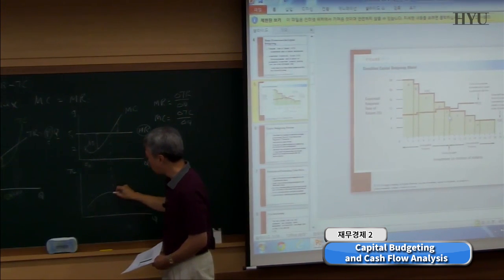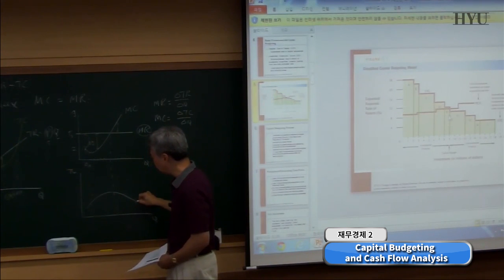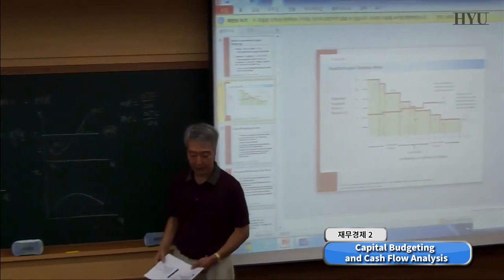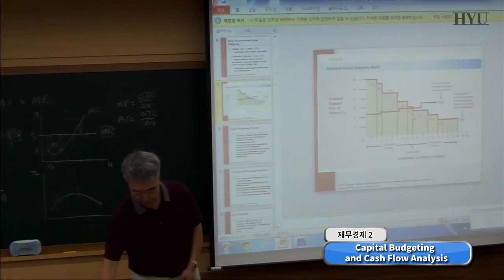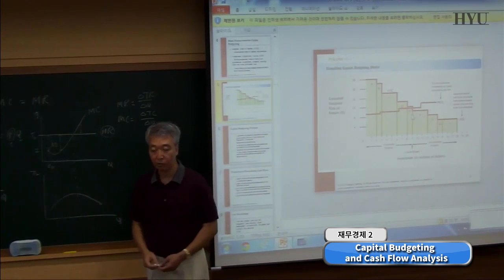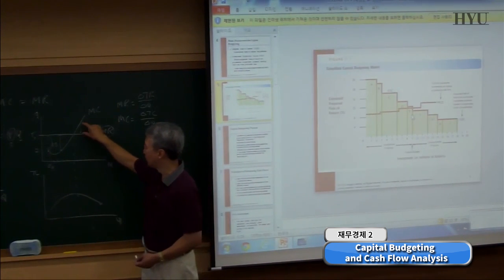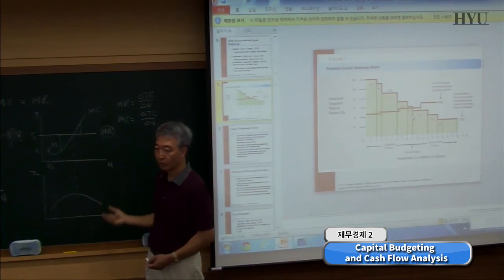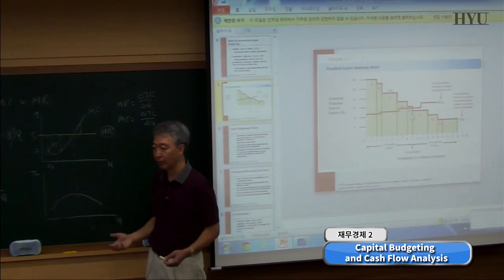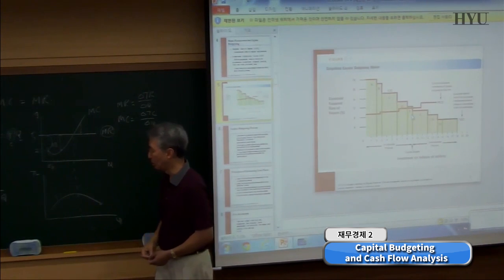So your total profit actually goes down. Instead of adding to your total profit, you are subtracting this difference from your total profit, right? Total profit means how much you have accumulated in your profit, right?